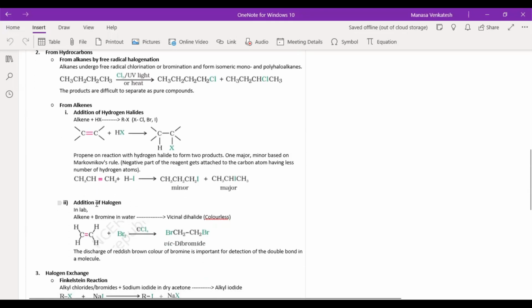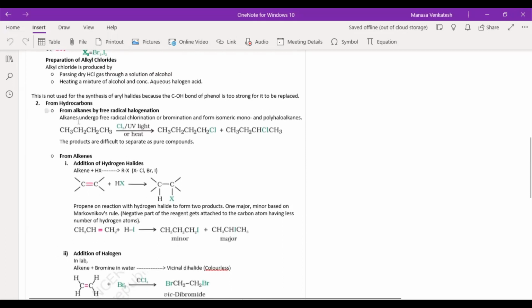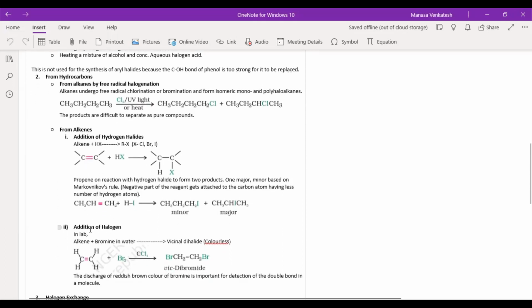Next is by the addition of halogen. So this is also from the hydrocarbons, and this is by addition of halogen to alkenes. So here you have an alkene reacting with bromine and water. So you have direct addition of the halogen molecule, and this leads to the formation of a vicinal dihalide.